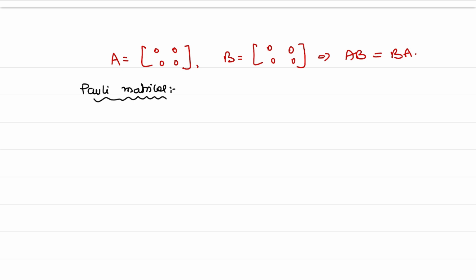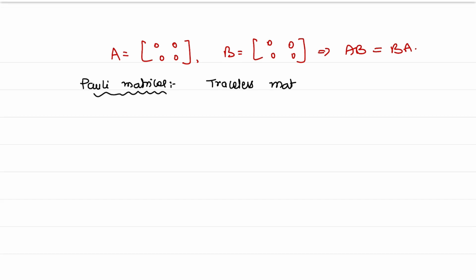They are traceless matrices. If somebody asks what is a traceless matrix, that means the sum of the diagonal elements is equal to 0. Pauli matrices are very famous traceless matrices.